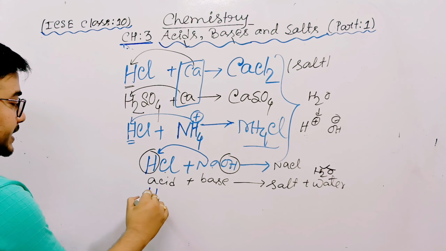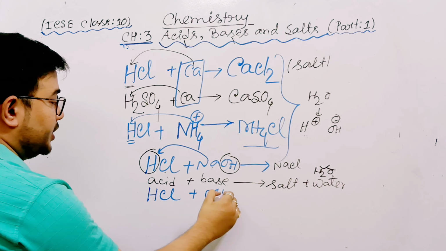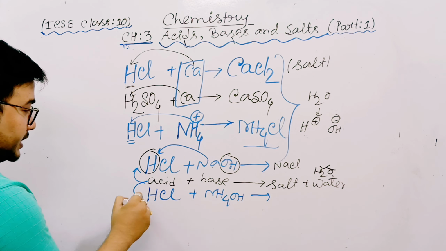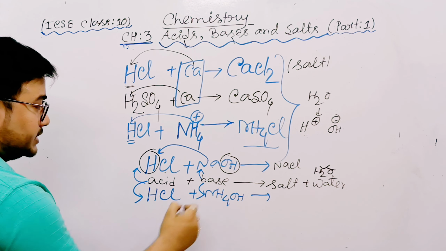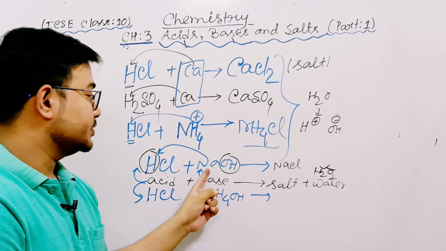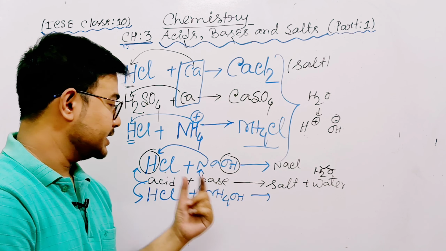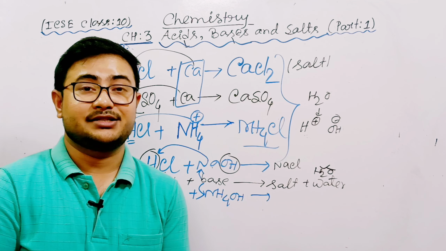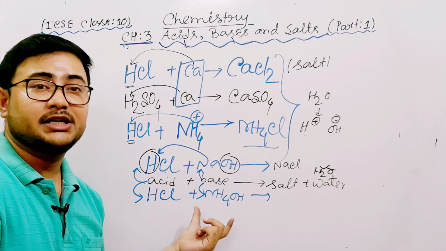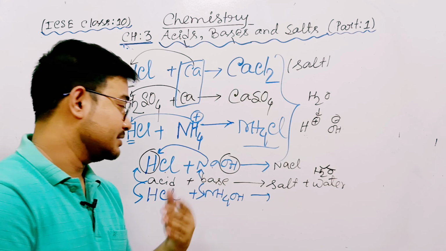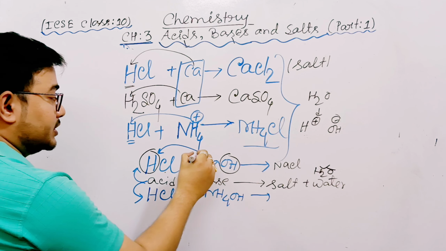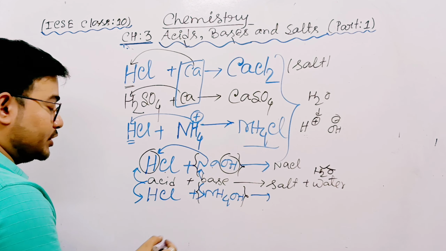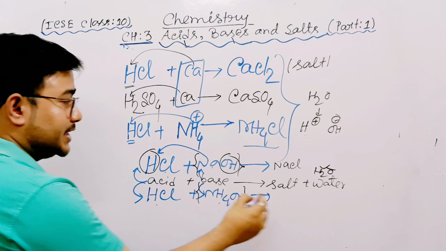As well as, HCl when reacting with ammonium hydroxide, this is an acid, this is a base, but the difference is that sodium hydroxide is a strong base, ammonium hydroxide is a weak base. Now a new question arises, what is strong, what is weak, that I will discuss in the next part. So when acid and base react, they will produce water.